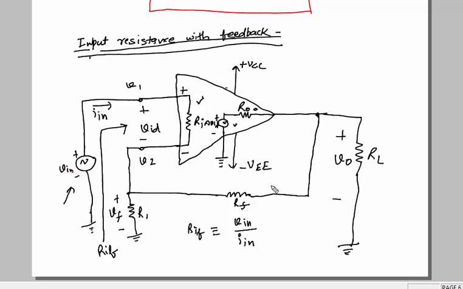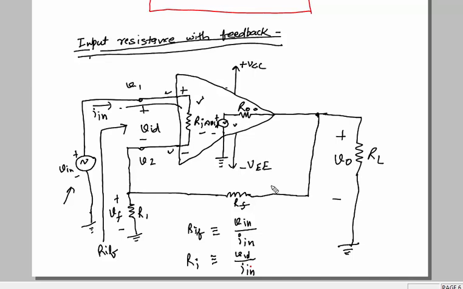Now what is Ri? Ri is the input resistance of the op-amp without feedback, defined as follows. The voltage between these two terminals is VID and the current is the same I in, so Ri is defined as VID by I in.